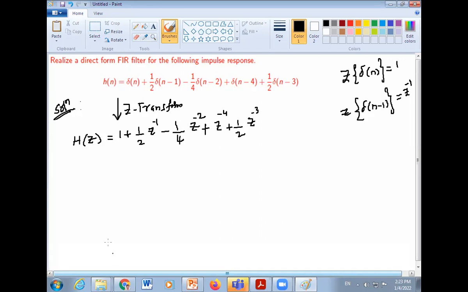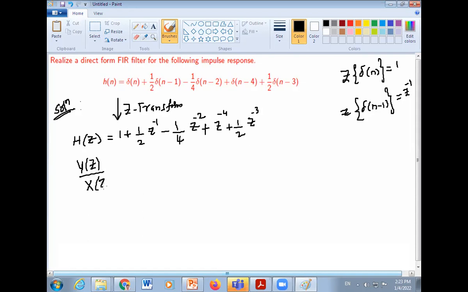I got this point. Now this Y of z can be written as H of z is equal to, what is the definition of this H of z? Y of z divided by X of z.